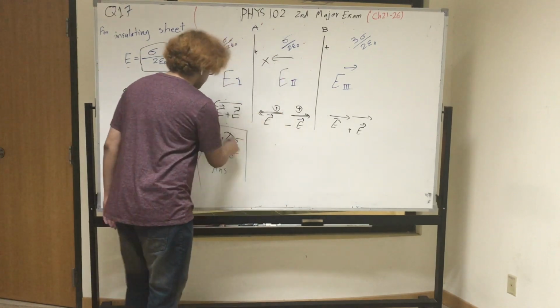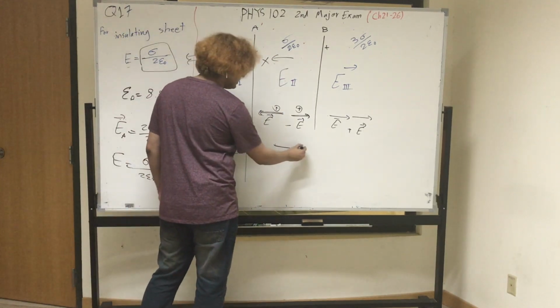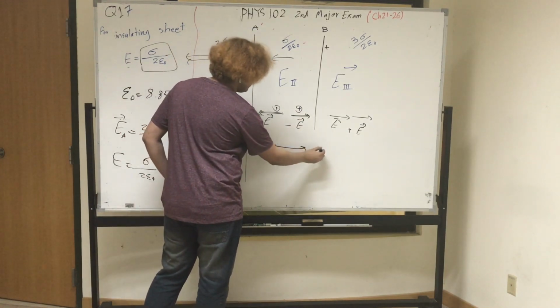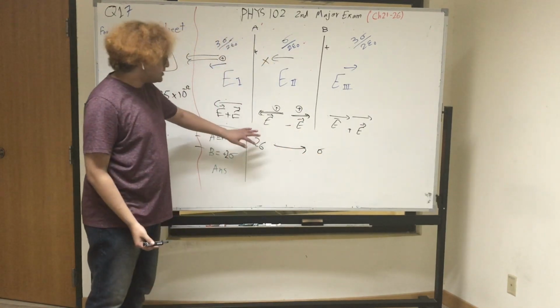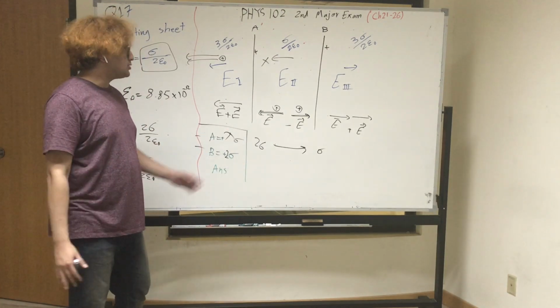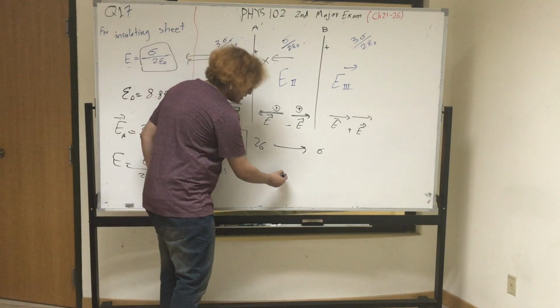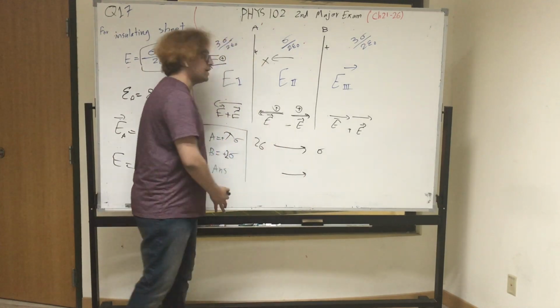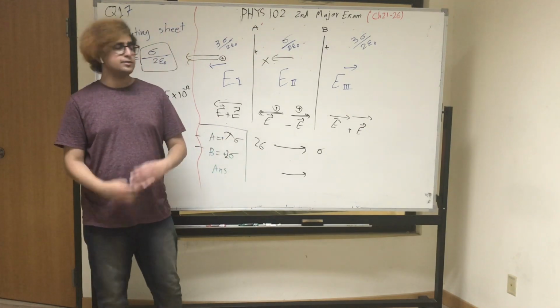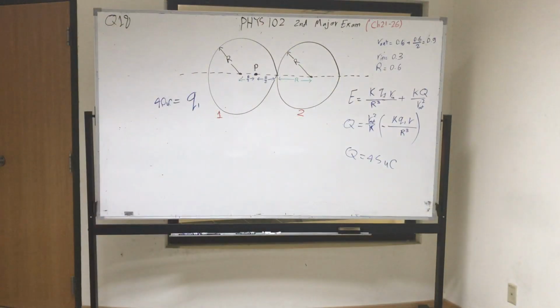This is wrong and this is wrong. Since the electric field is in this direction, A must have the 2 sigma and B must have the 1 sigma. The bigger charge generates the stronger electric field, and the stronger electric field is going to win the subtraction, and the direction of the net electric field must be in the same direction as the stronger electric field. And that is your answer.